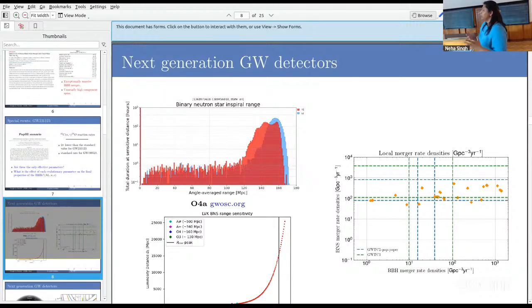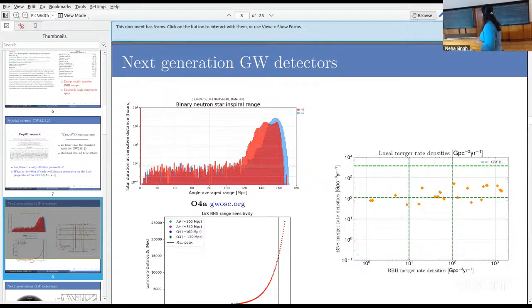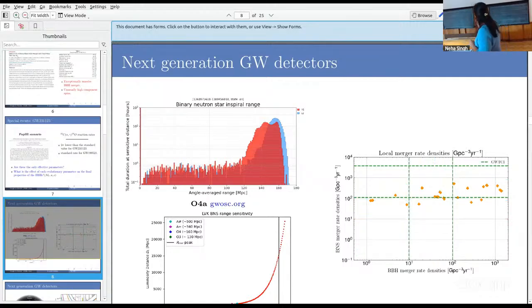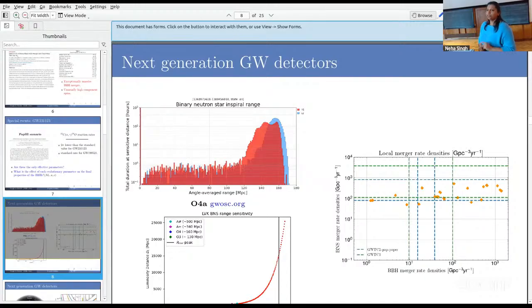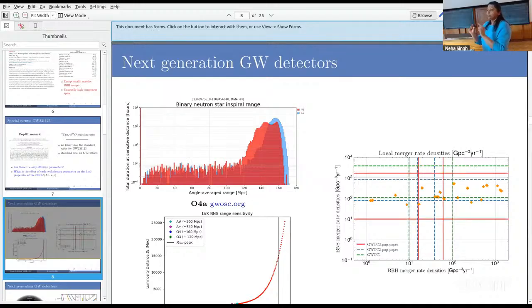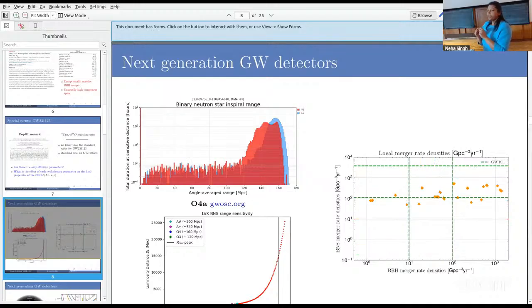So again, for the detections that have been made already, on the right side, what I show is the merger rate limits, those that were estimated using these detections. The green curve that appears, this one, is from the GWTC1, the first catalog that was made by the LVK. The blue is the second, and the red one is the third. What I want to show here is that the rate does not decrease with the increase in the number of detections that we have.